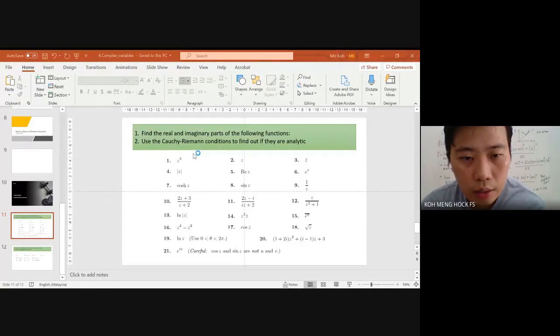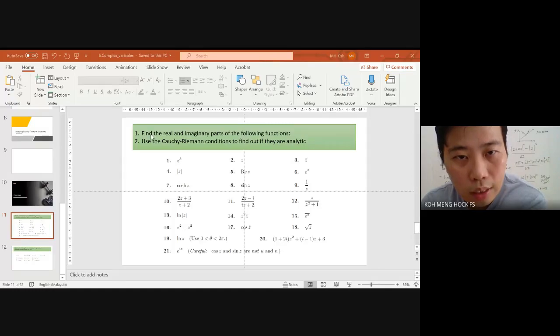I will need some time to wipe off my whiteboard. So now please do exercise number 1. We want to find the real and imaginary parts of the following function. We do number 1 first: z to the power of 3.